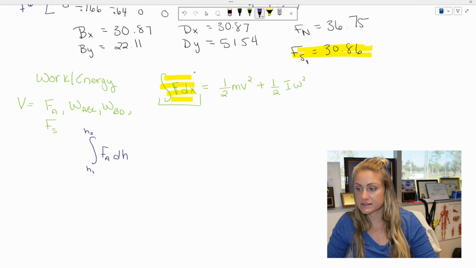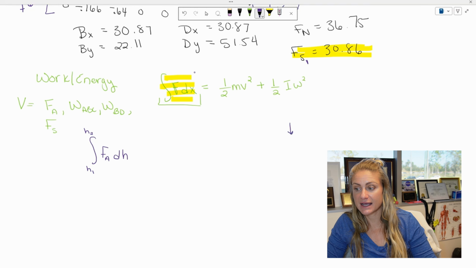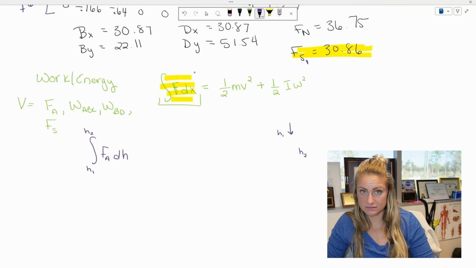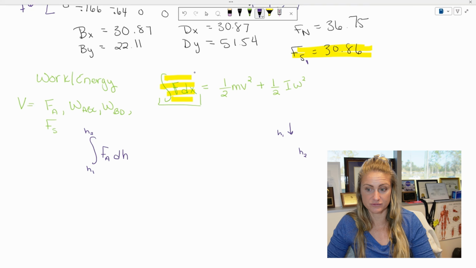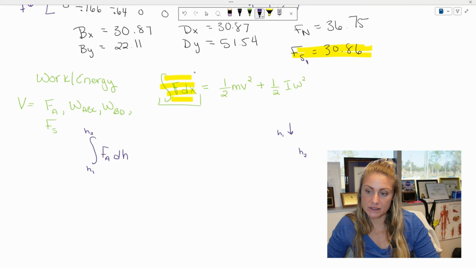Now, the force FA is going in this direction, and my height change is going in that same direction, which means that my answer is positive. If the force was going in the opposite direction to the displacement, it would be a negative answer. So again, if force is in the same direction as displacement, positive. So this is going to equal 100 newtons.